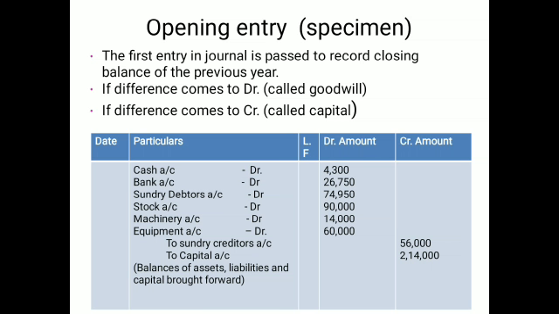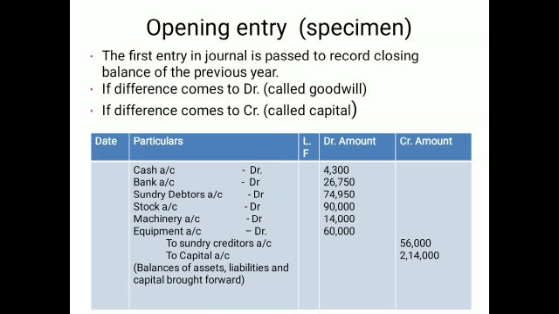The next aspect is you have to verify the totals of debit and credit. Sometimes the debit side is short; then the shortfall will be filled with the asset called goodwill. So you fill goodwill on the debit side. But if the total of the liability side is short, then in class 11th you fill it with capital.